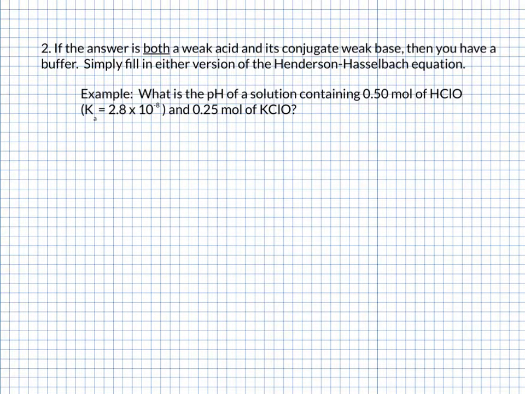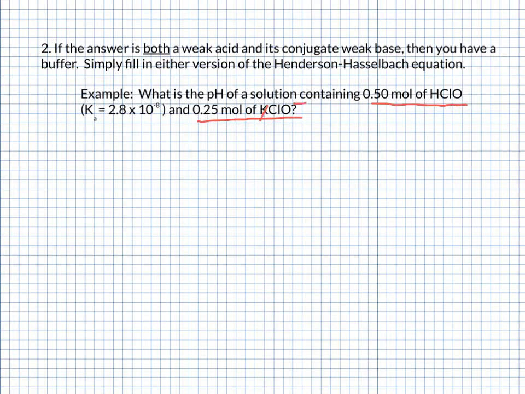If the answer is that you have both a weak acid and its conjugate weak base, then you have a buffer. So all you're going to do then is just fill in either version of the Henderson-Hasselbalch equation. So for instance, what is the pH of a solution containing 0.5 moles of HClO and 0.25 moles of KClO?